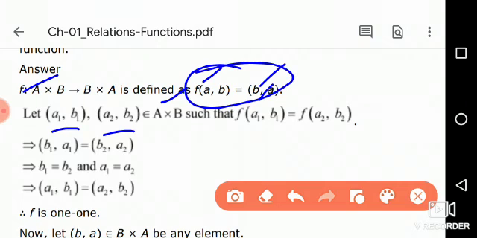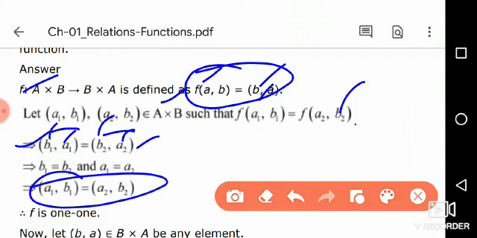As we know that f of A comma B is equal to B comma A, therefore f of A1 comma B1 will be B1 comma A1 and f of A2 comma B2 will be B2 comma A2. Since both the ordered pairs are equal, the corresponding elements of both the ordered pairs are the same. Therefore we can write B1 is equal to B2 and A1 is equal to A2. Therefore A1 comma B1 is equal to A2 comma B2. Therefore the given function is said to be 1-1.